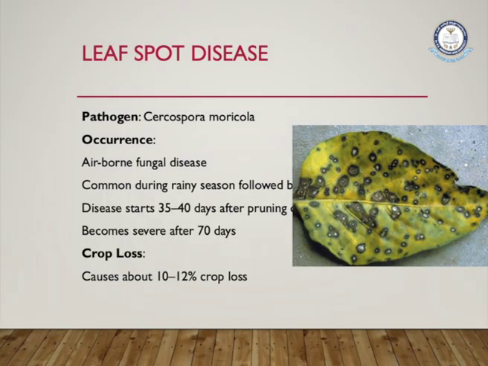Got it? What is the causative organism here? Cercospora moricola. It is most common during the rainy season, which is followed by the winter season. Mostly when this disease is caused, the incubation time is 35 to 40 days. After 35 to 40 days, what will happen? Fungus means it will have conidiophores, right? Conidiophores will produce spores.